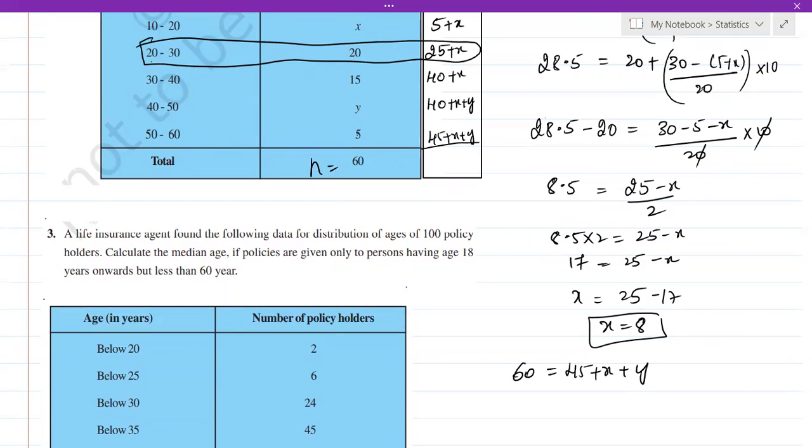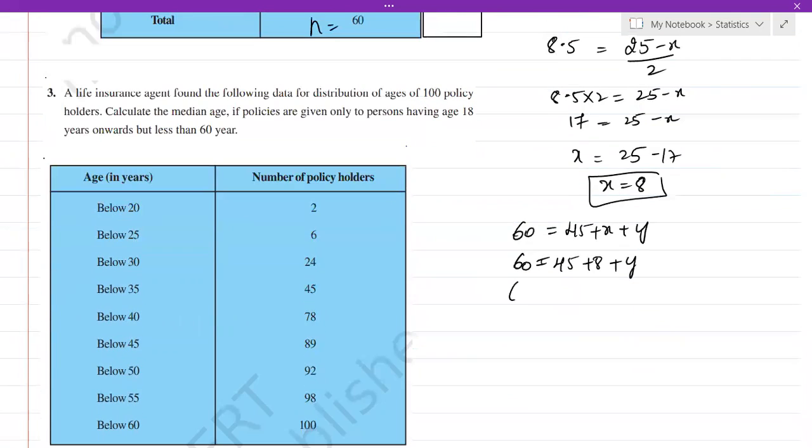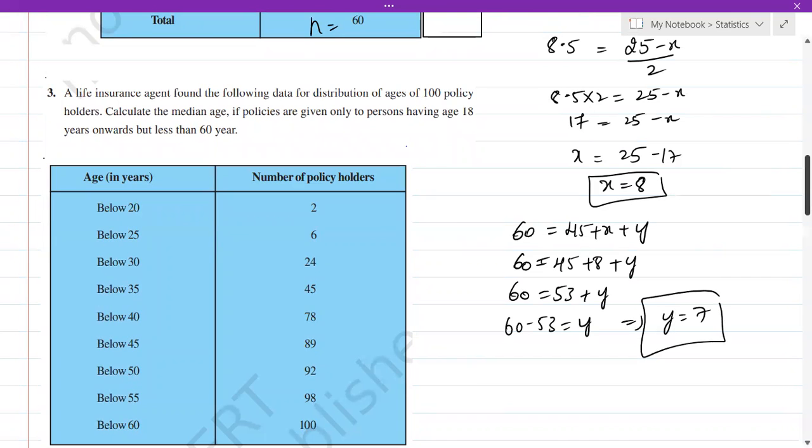So substitute the value of x. 60 is equal to 45 plus x, which is 8, plus y. So 45 plus 8 is 53. So 60 equals 53 plus y. Send 53 to the other side. It becomes 60 minus 53 equals y, which implies y is equal to 7. Therefore, the value of x is 8 and y is 7.